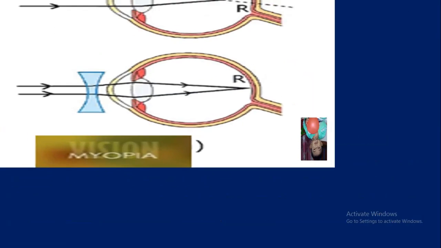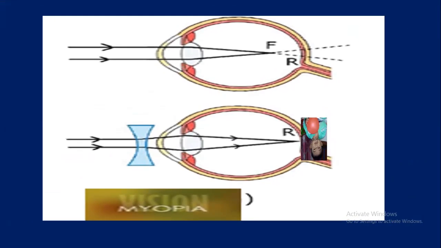Here we can see objects from near distance, but cannot see objects that are far from us.